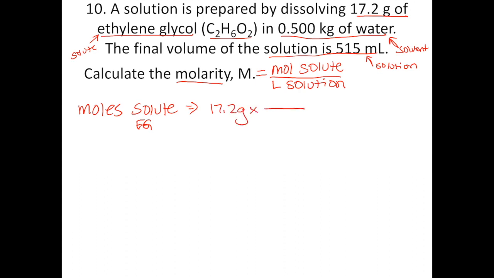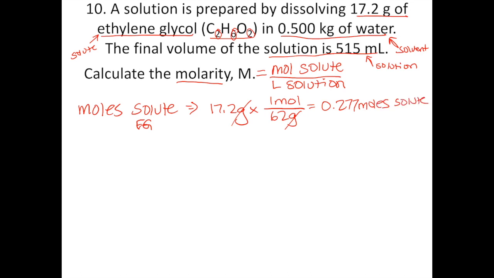The molar mass of ethylene glycol is 12 times 2 plus 1 times 6 plus 16 times 2, and you get 62 grams per mole. Okay, grams cancel. We end up with 0.277 moles of solute.